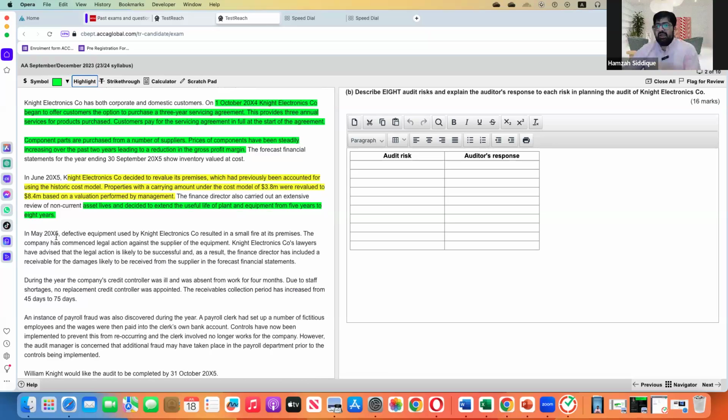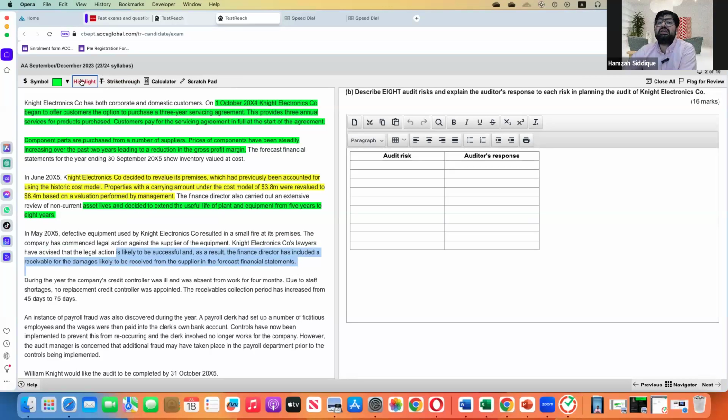Done. Okay. In May 20x5, defective production equipment at Night Electronics resulted in a small fire at its premises. The company has commenced legal action against the supplier of the equipment. Night Electronics' lawyer has advised that the legal action is likely to succeed, and as a result they have included a receivable for damages likely to be received from the supplier.